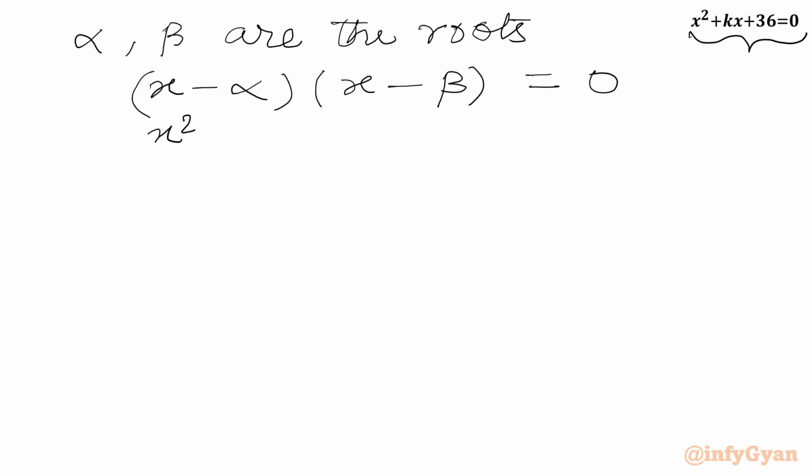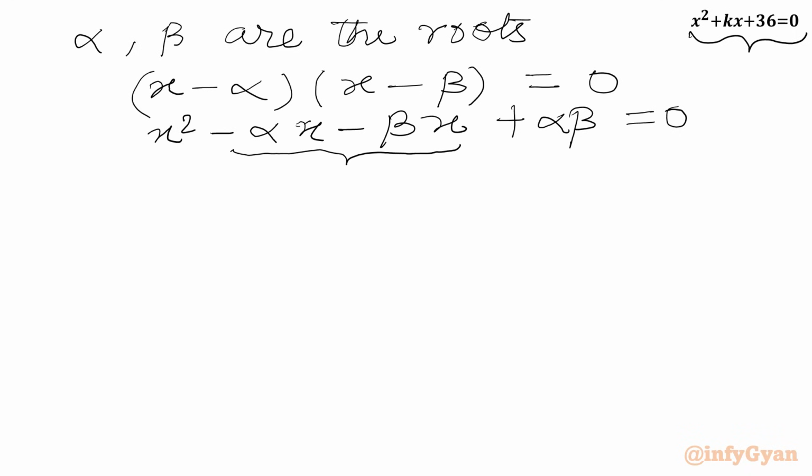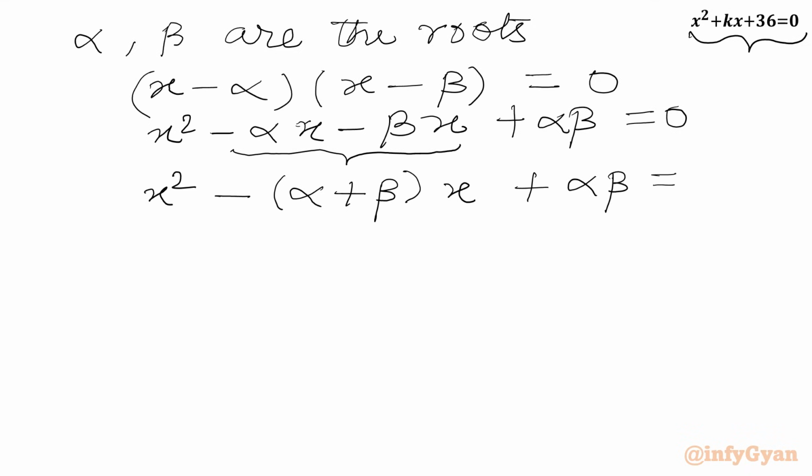We will get x square minus alpha x minus beta x plus alpha beta equal to 0. Or we can take x common, so we get x square minus alpha plus beta times x plus alpha beta equal to 0.